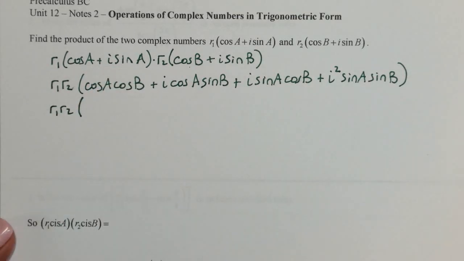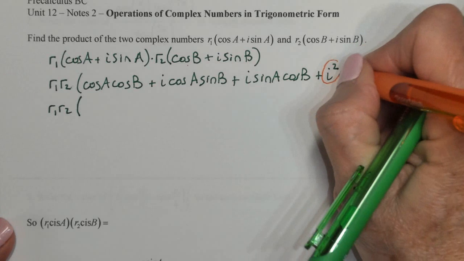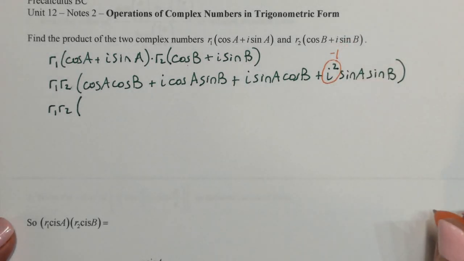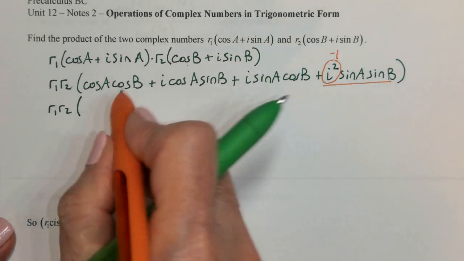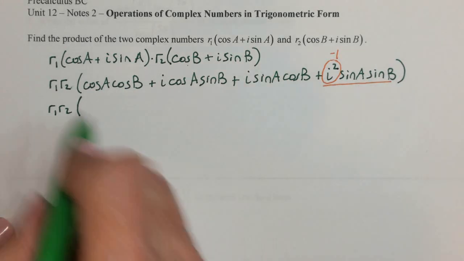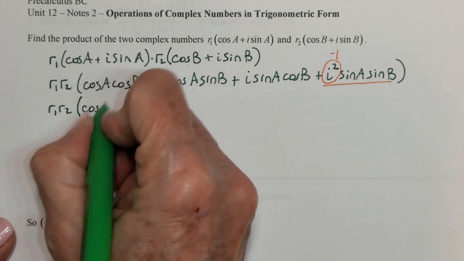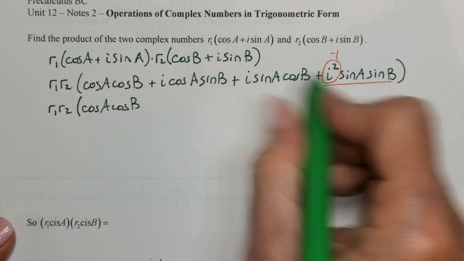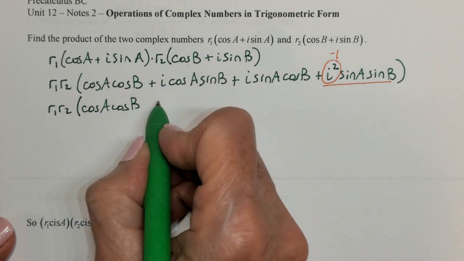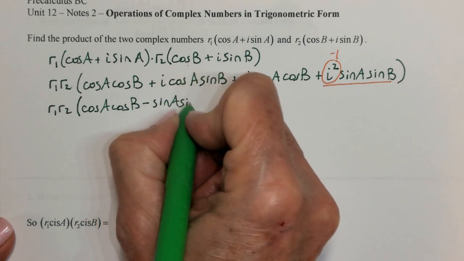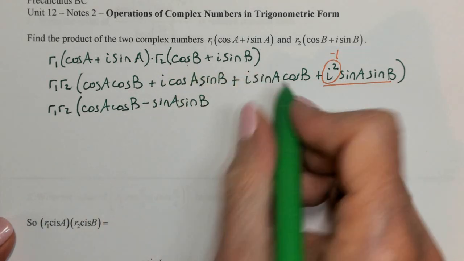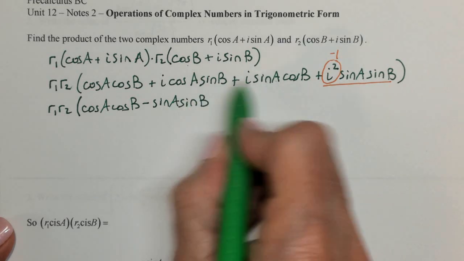Okay, I see that i squared, and I know that that is a negative 1, right? I'm going to take that term and move it up after this term. So I'm going to rewrite cosine A cosine B, and I'm going to move this negative sine A sine B up here. So minus sine A sine B up there. And then I have these two.